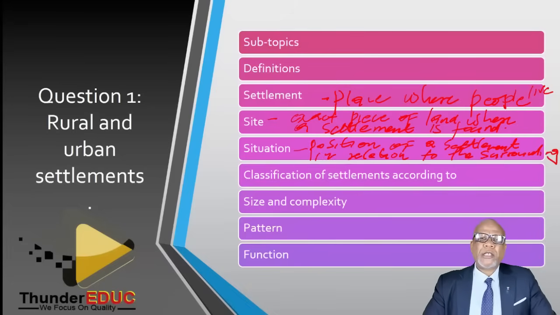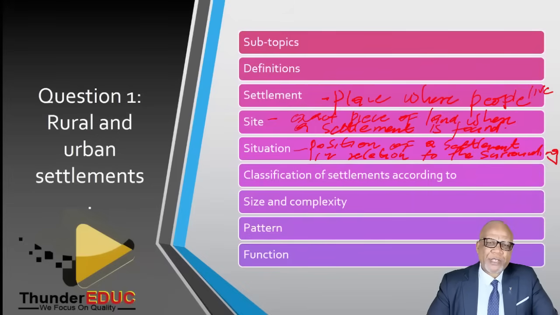So for an example, if I say a settlement is found at the bottom of the valley, I'm giving the situation thereof. I'm saying it's situated on top of the valley, which means on top of the mountain. It means you have to go to the mountain first. So I'm giving you a situation of that particular settlement.